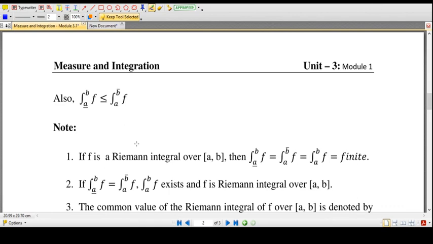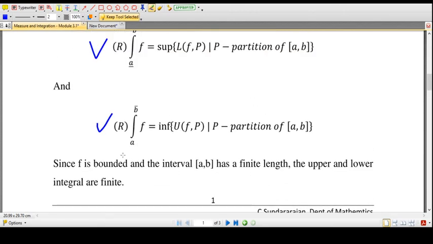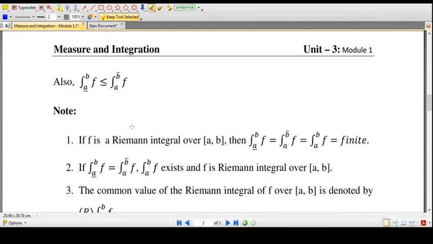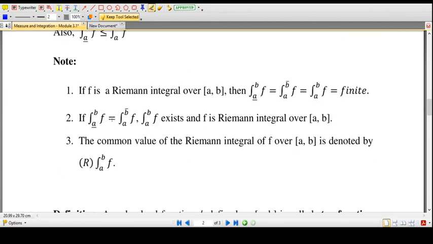Okay. And we also observe that the lower Riemann integral is always less than or equal to the upper Riemann integral. Suppose the lower Riemann integral and the upper Riemann integral are equal.